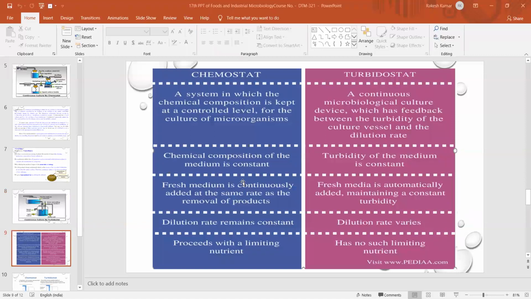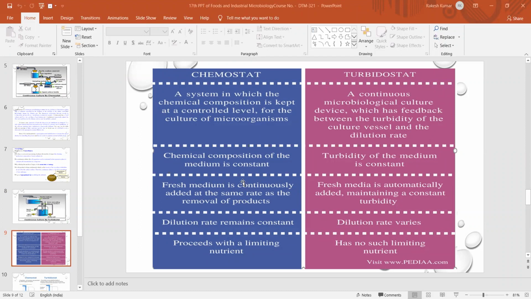Now something about the major differences from the chemostat. A chemostat is a system in which the chemical composition is kept at a controlled level for the culture of the microorganisms which you have selected for achieving a particular goal. In case of a turbidostat, it is a continuous microbiological culture device which has feedback between the turbidity of the culture vessel and the dilution rate.